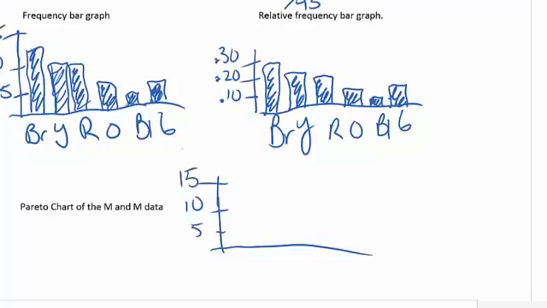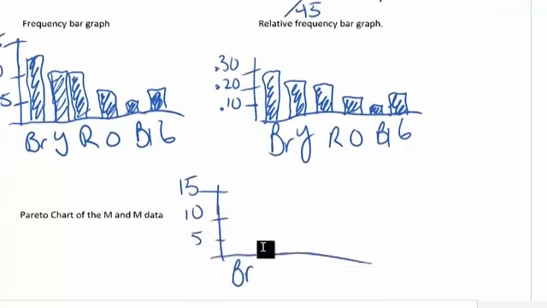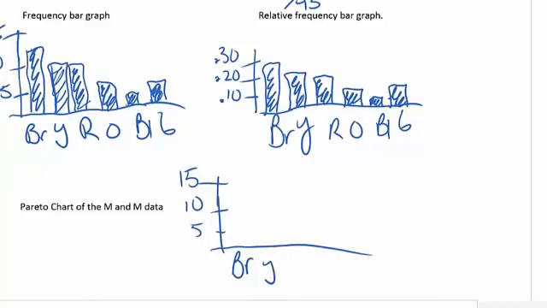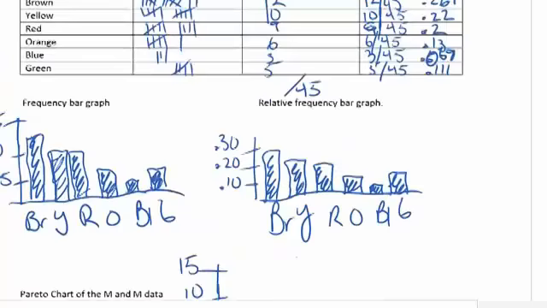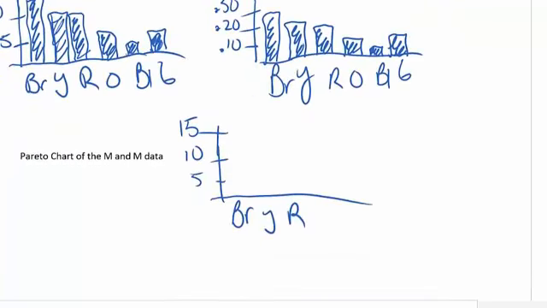So we'll stick with that. Brown is clearly the highest. Then we can go back up and look at the numbers. Then we want yellow, red, and after red we want orange, then green, and then blue. And so all it really did was switch the last two bars.